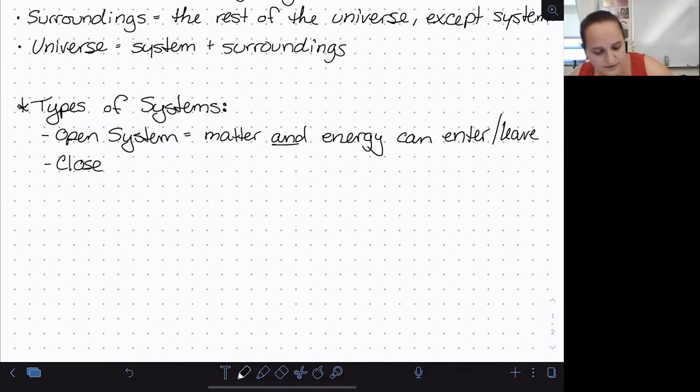A closed system is one where matter cannot leave, so atoms and molecules can't come in or out, but energy can.